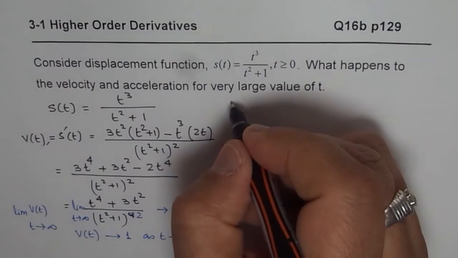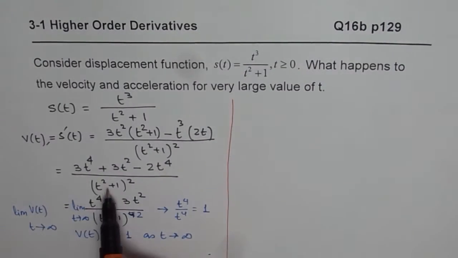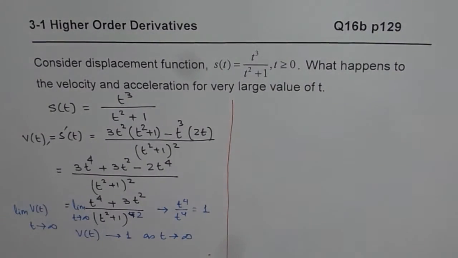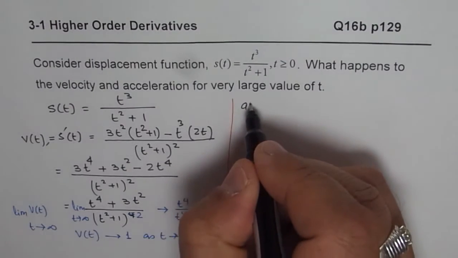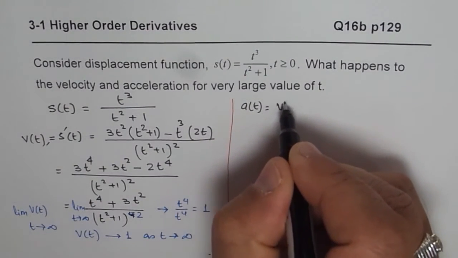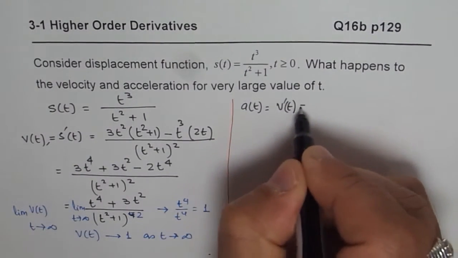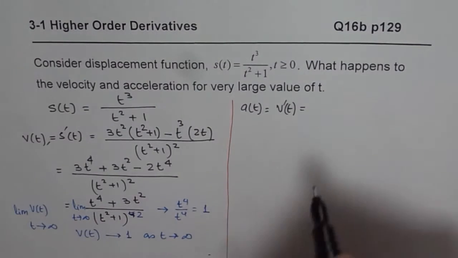Now let's do the acceleration part. For acceleration we find the derivative of the velocity function. Acceleration is equal to v dash t. We'll use this particular function.